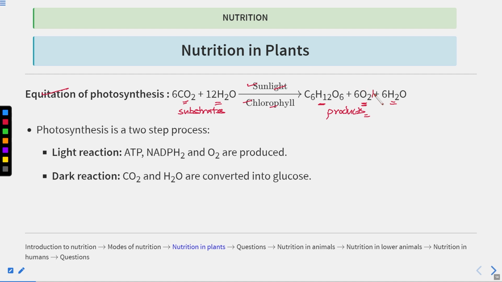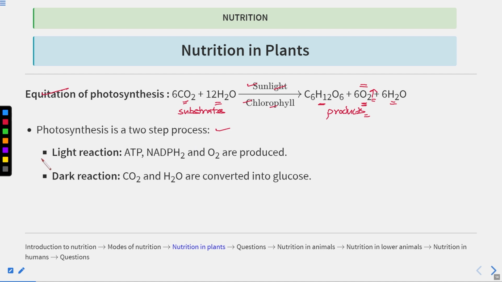And the process of photosynthesis helped to convert the reducing environment which was present in the primitive earth into an oxidizing environment.